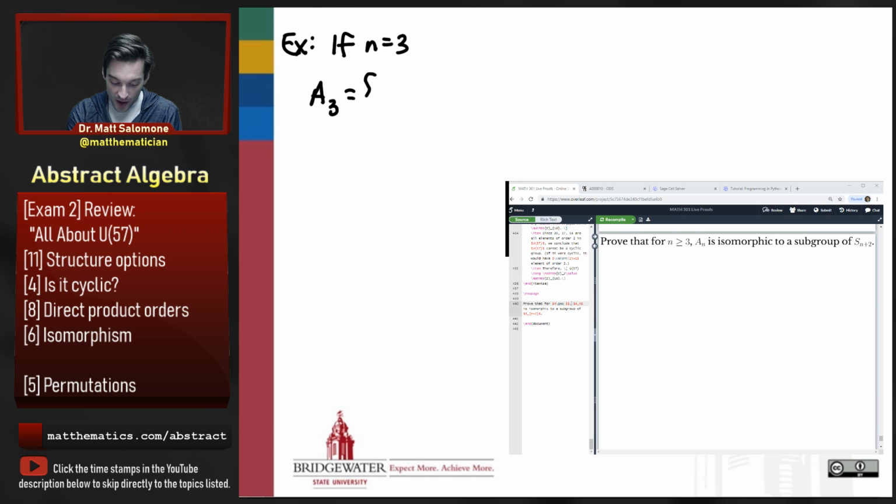This is the group of even permutations of 3 symbols. And there's only 3 of those, 3 factorial over 2. And the 3 permutations here are the identity permutation, the 3 cycle (1 2 3), and the 3 cycle (1 3 2), which is the inverse of (1 2 3). Right, so there are the 3 elements of A3.